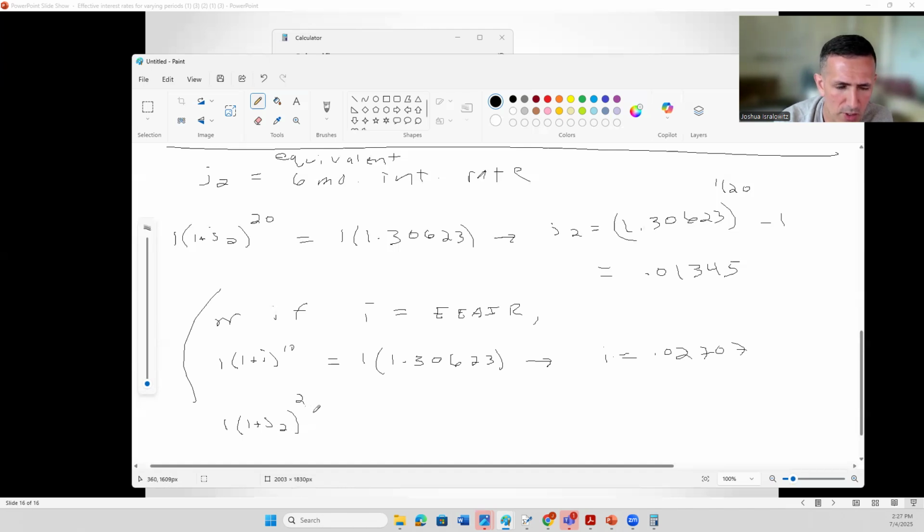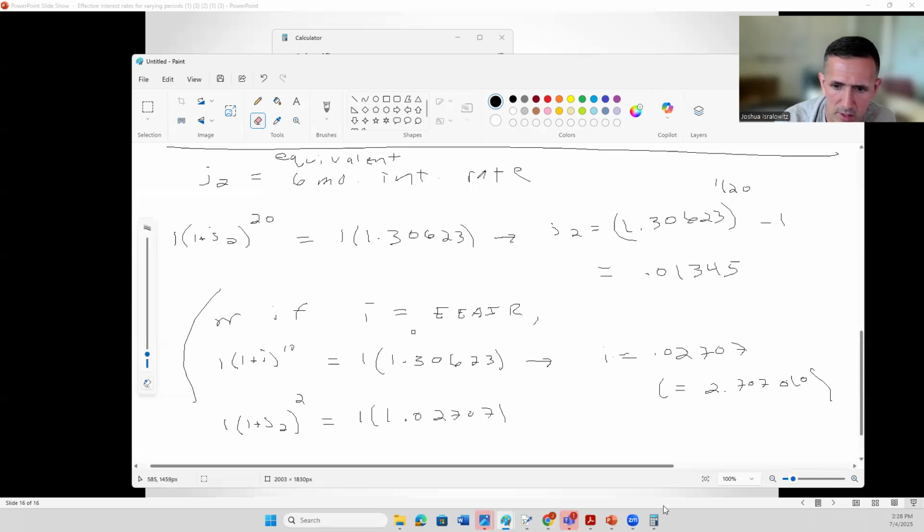Then 2 6-month periods of growth is the same thing as 1 year of growth, and money grows by 2.707% every year, as a percentage. Right, so this is 1.02707.